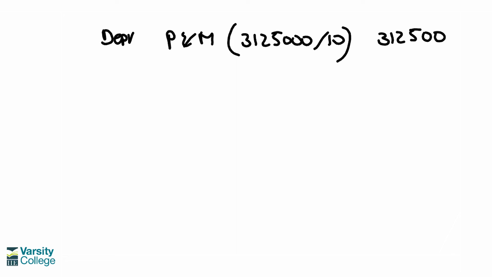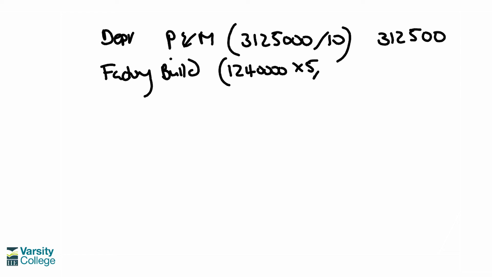The factory building, remember this one, we're only depreciating for 6 months because it was transferred to IP halfway through the year. So 1,240,000 times 5%, multiplied by 6 over 12, and that comes to 31,000.